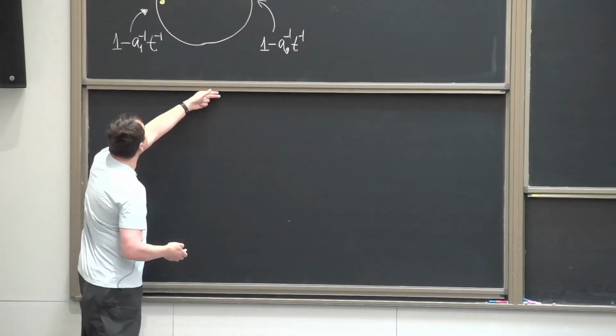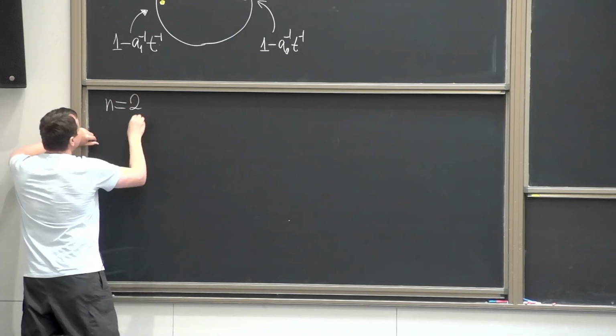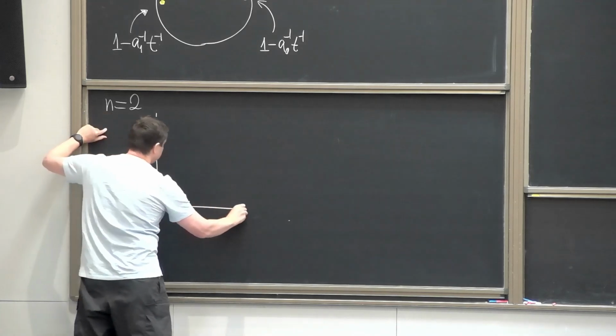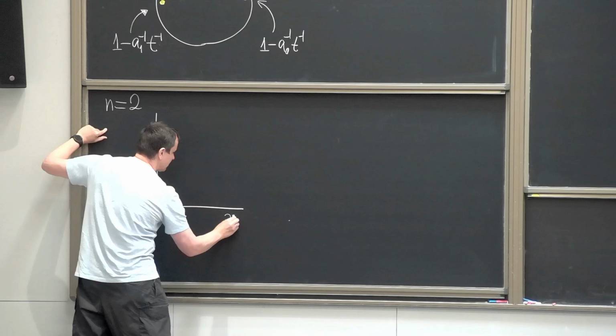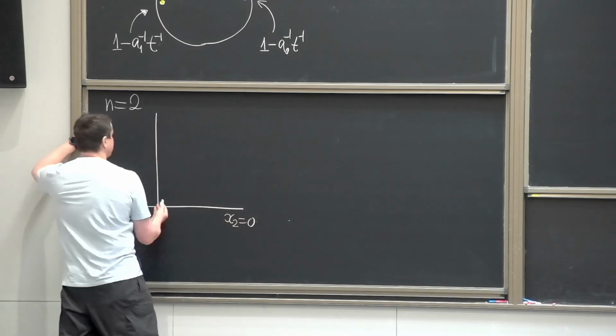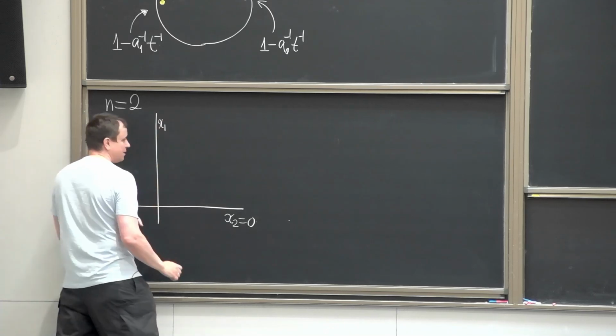And so if we do the same on n equals 2, there'll be coordinate lines. If this is the x1 coordinate line, it means this is the line where x2 is equal to 0. If this is the x2 coordinate line, it means x1 equals 0.